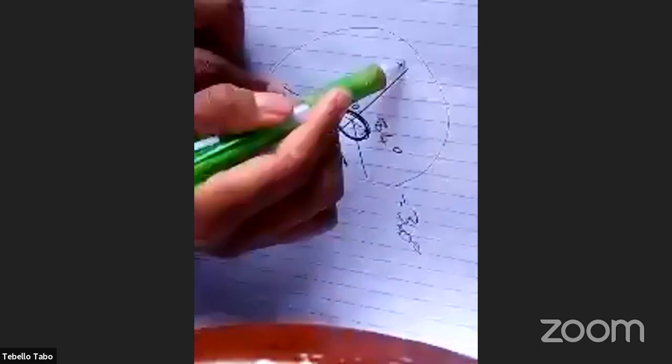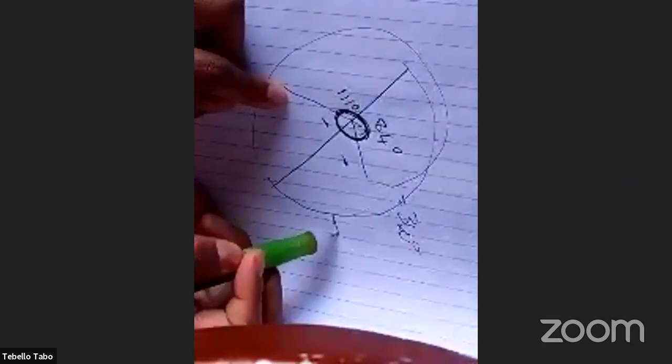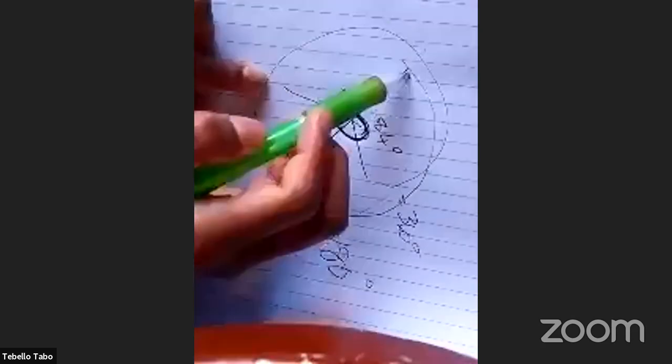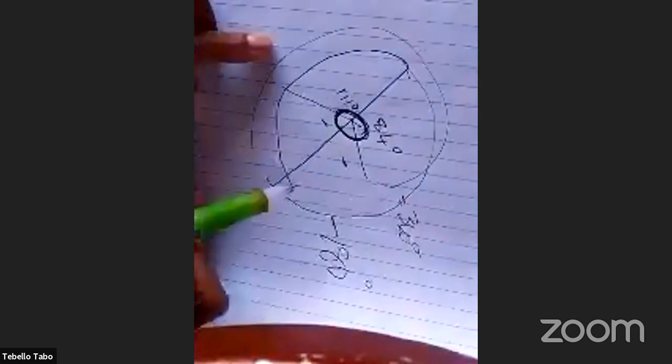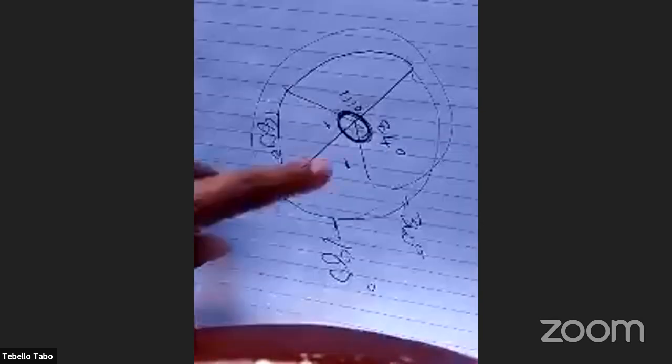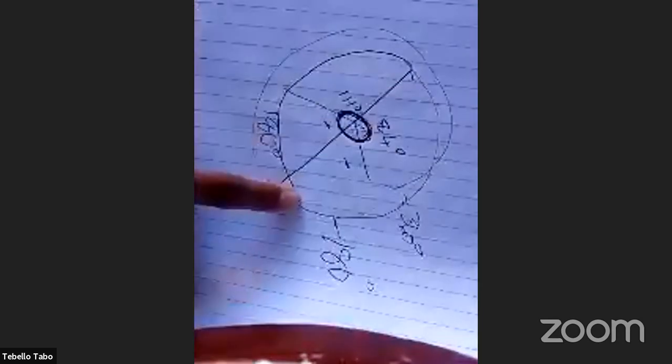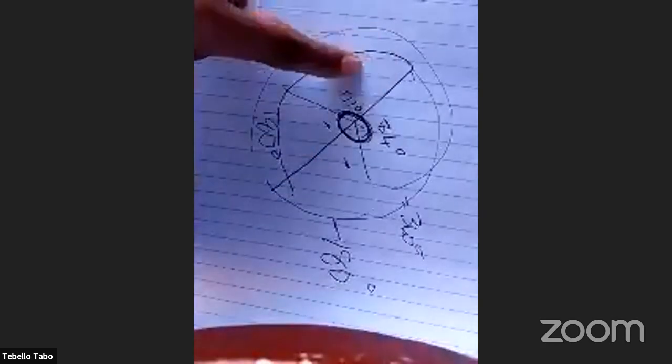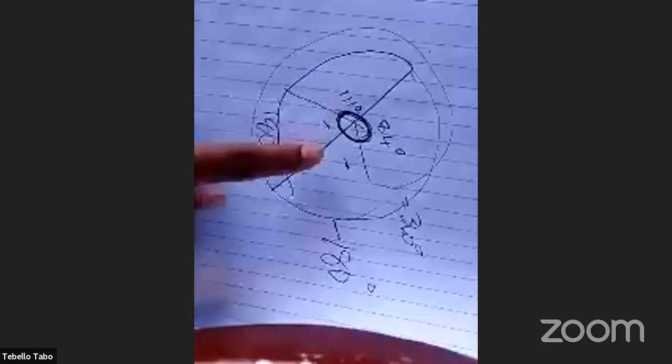And the value that is here must give you 180 degrees. The value for this side, again, must give you 180 degrees. The value for this side must give you 180 degrees. And the value for this side, again, must give you 180 degrees.